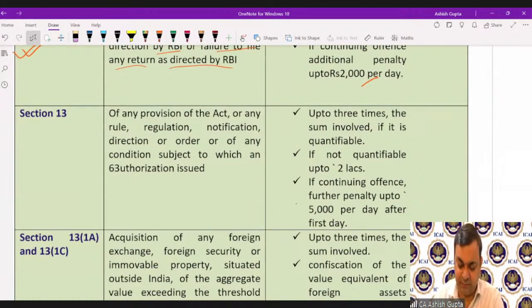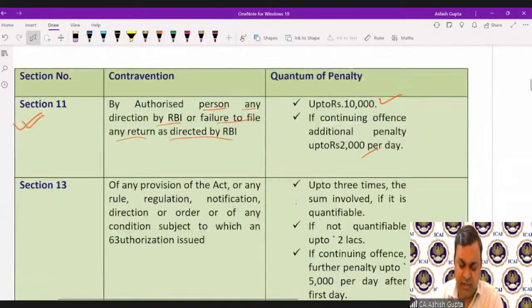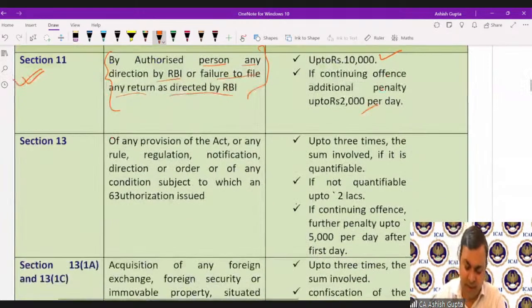Section 13 is specific to authorized persons. For any contravention of a provision of the Act, rules, regulation, notification, direction or order issued, the penalty is up to 3 times the sum involved, if it is quantifiable. We will see this in section 13 also.